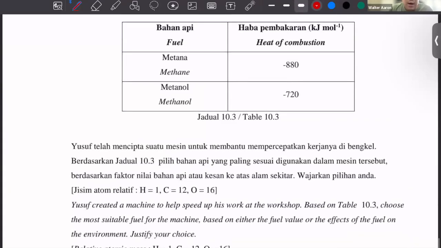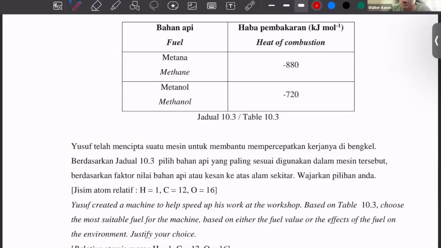So let's take a look at the difference between methane and methanol. So what you need to do is that you need to actually calculate the heat release first for both substances. Or you can also compare in terms of pollution, because when we talk about alkanes and alcohols, alkanes, apparently they can burn and there will be soot being produced. Soot as in the carbon deposit.